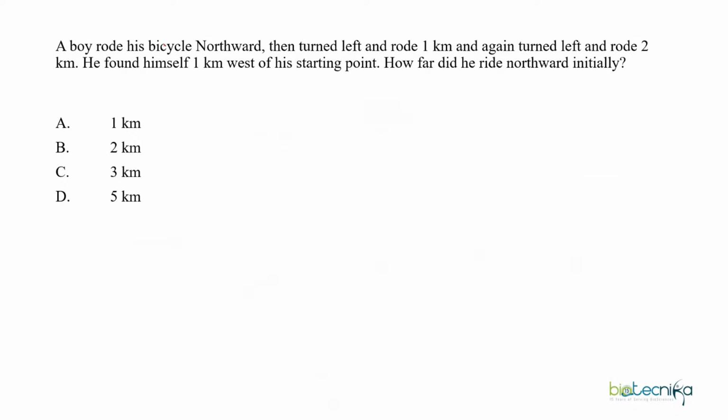So here is the other question, ठीक है। सो ये क्वेश्चन it is telling a boy rode his bicycle northward and then turned left and rode 1 kilometer, ठीक है, and again turned left, मतलब वो नॉर्थ की तरफ बाइसाइकिल चलाया, he turned left, फिर 1 किलोमीटर वहां चलाया and then turned left and rode 2 kilometer, okay.